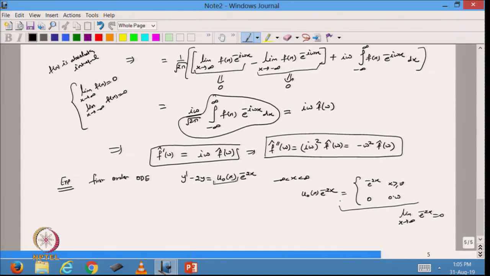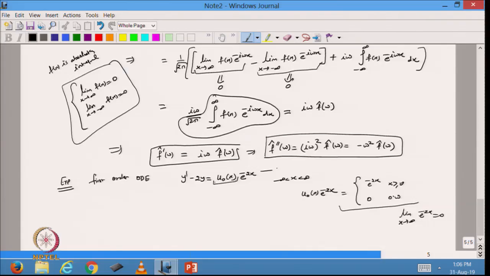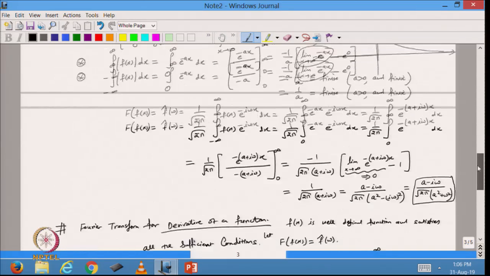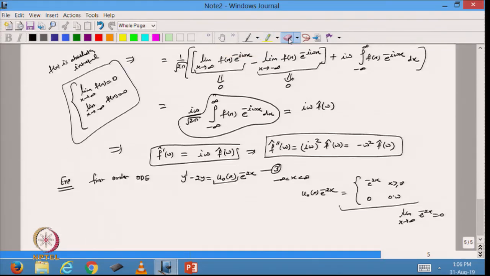So, this function satisfies the absolute integrable property, and from that property I can verify this condition also, because when x tends to infinity its value is 0, and when x is minus infinity its value is already 0. So, it is satisfying. Now, this is my differential equation. I should call it differential equation 1.